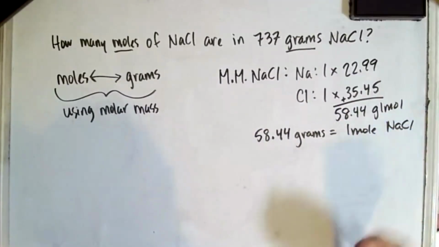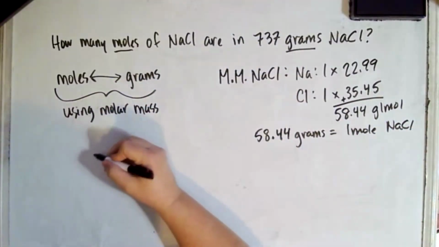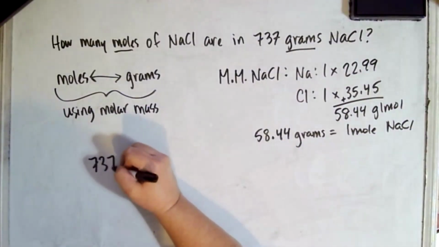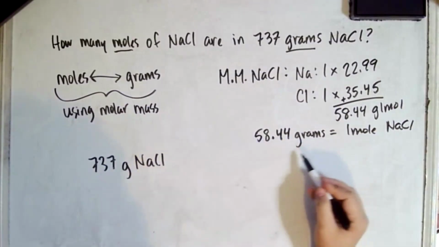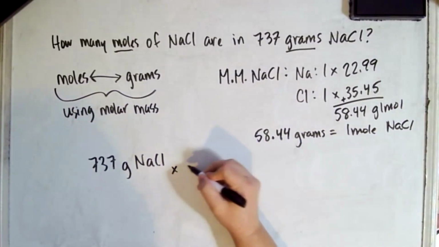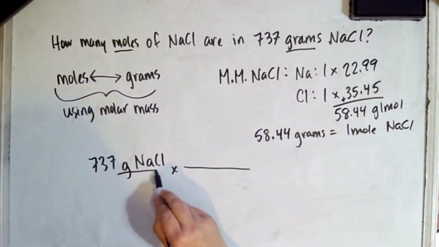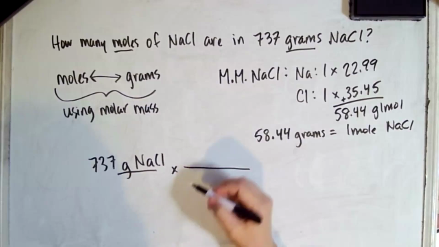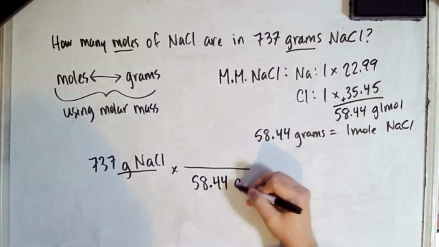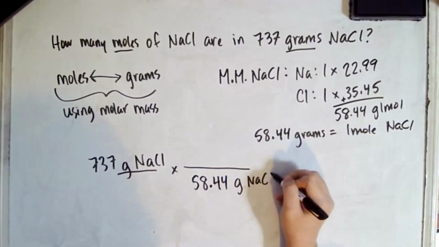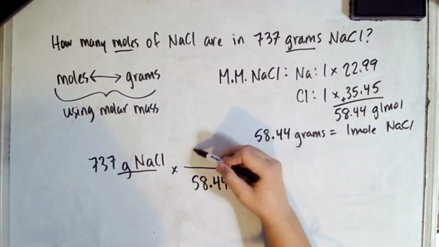All right. So if I'm starting out with 737 grams of NaCl, I can look back at my equality and I know that I'm going to want my grams of NaCl on the bottom. So I'm going to put my 58.44 grams on the bottom, and I'm going to put my 1 mole up top.